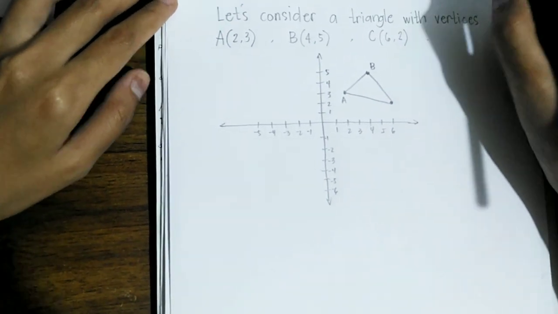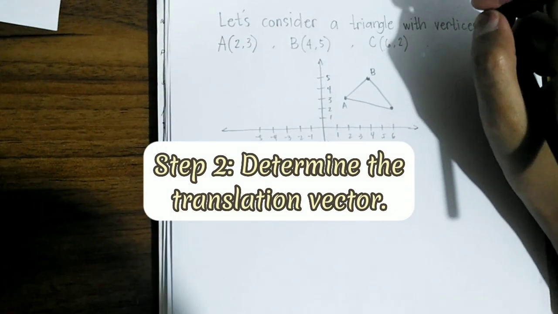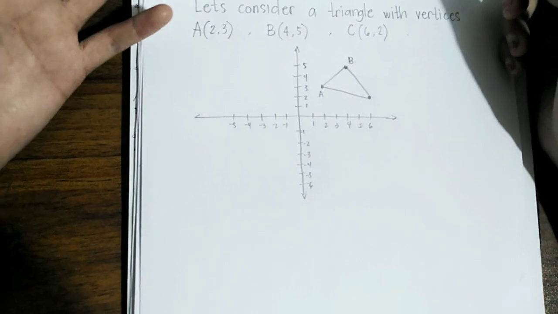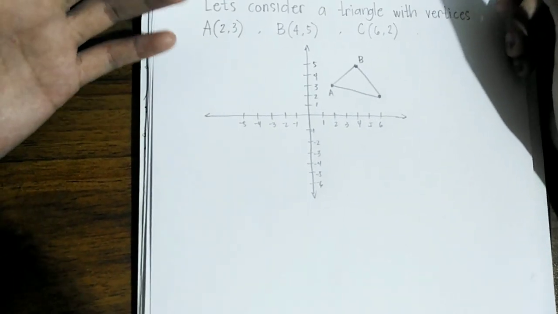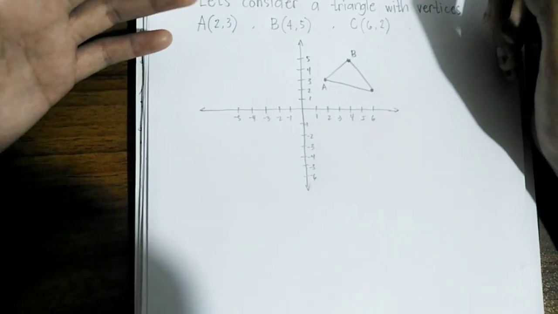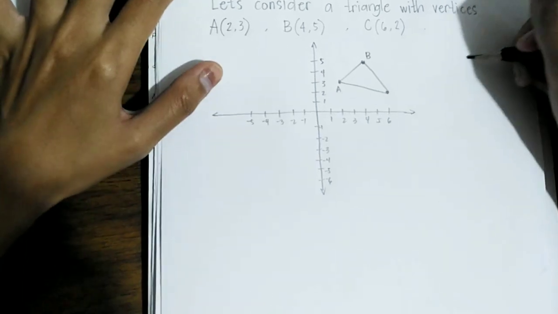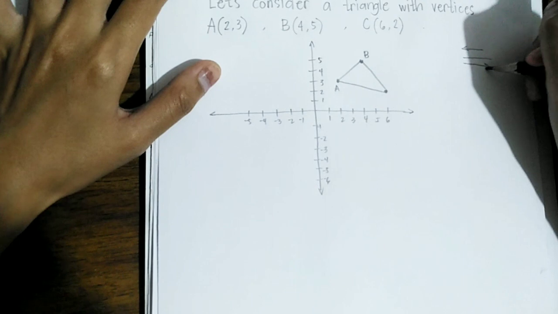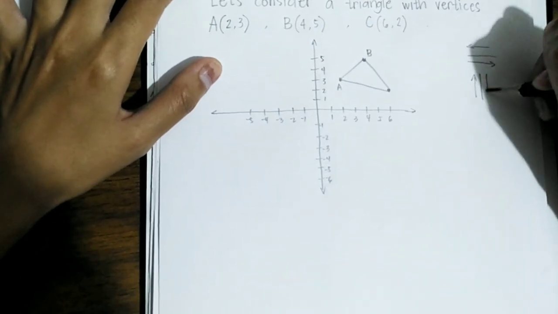So what we're going to do next is to determine the translation vector. The translation vector represents the distance and direction of the movement in the coordinate plane. You can define the translation vector by specifying how much you want to move the figure horizontally, left or right, and vertically, up or down.